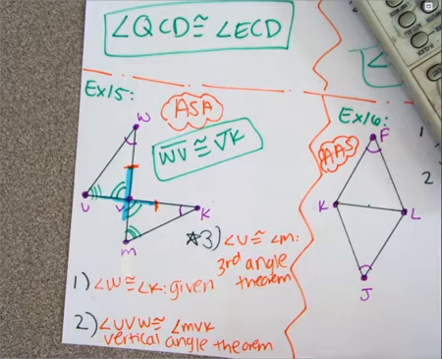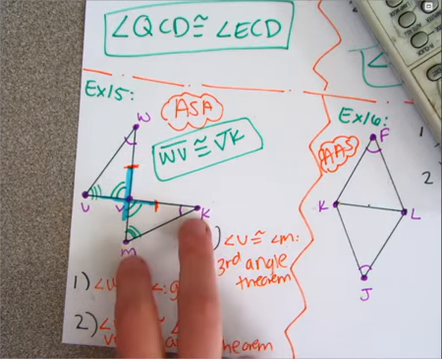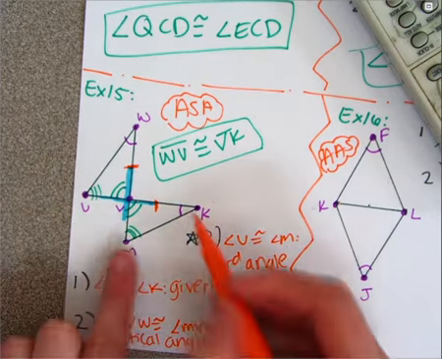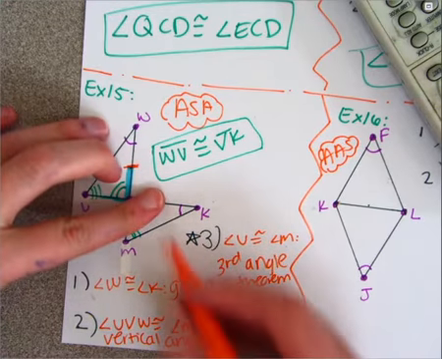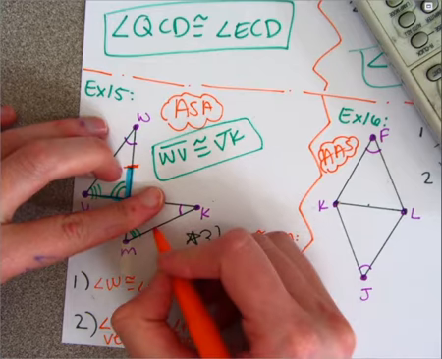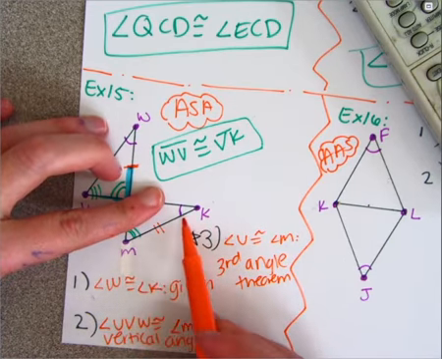So now, if I'm trying to prove triangles are congruent by ASA, I have several pairs of angles, and all I need is one side in between 2 angles. So I see 2 angles right there, so I'm ignoring everything else. I see 2 angles, so if this side was marked congruent, then this triangle would be marked with ASA.